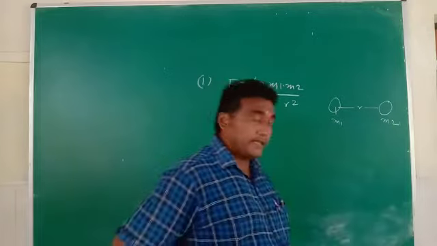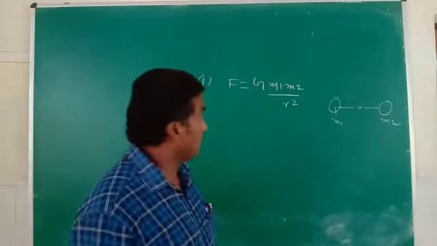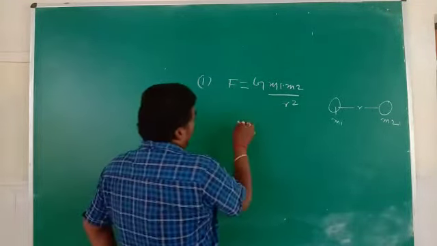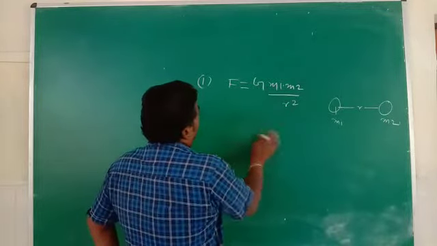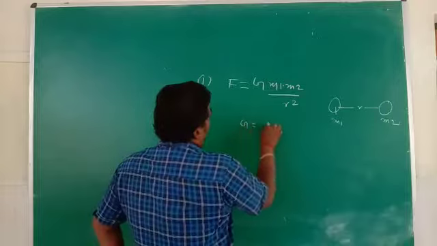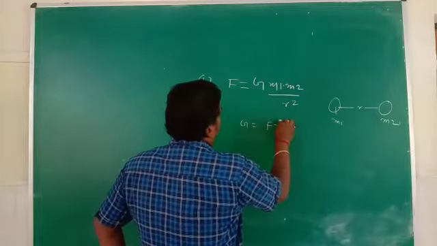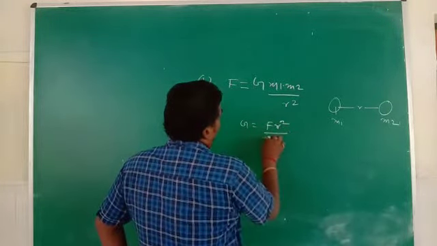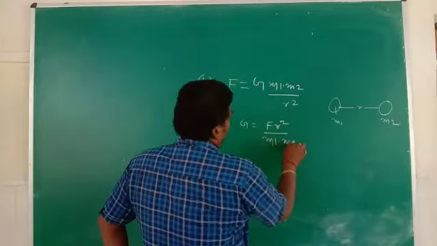And how will we identify the dimension of the gravitational constant? By the relation G is equal to F r square upon m1 m2.